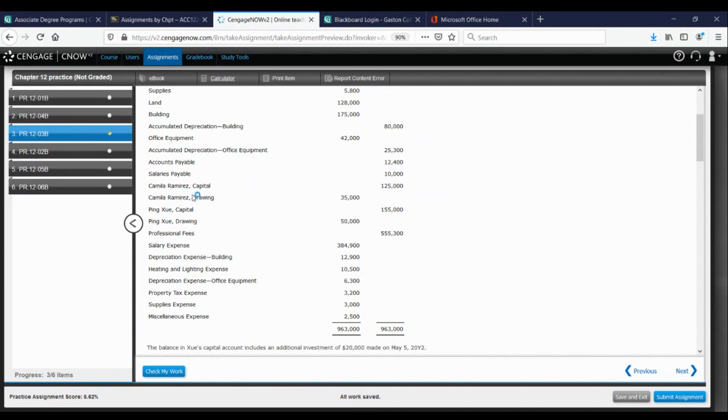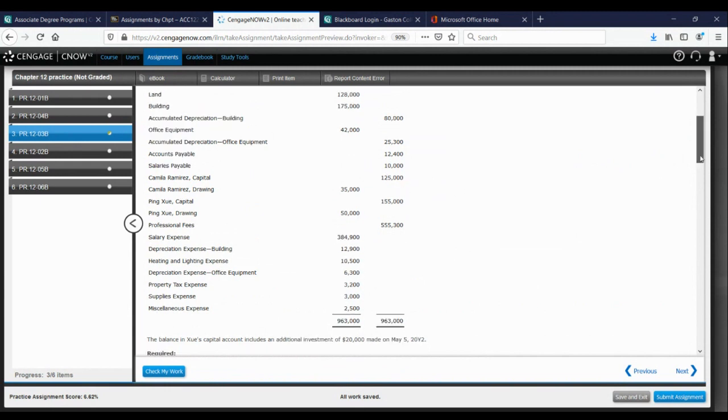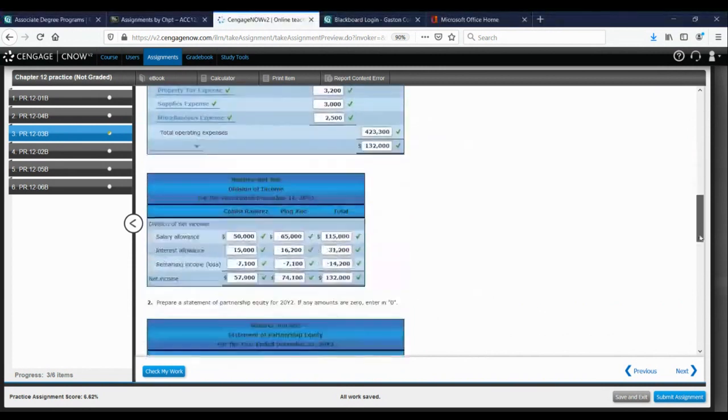We're going to look at Ramirez capital at the beginning of the year, which was 125,000. We know it was 125,000 because there was no mention of any additional investment that Ramirez gave to this problem or this company. So 125,000 is the beginning balance for Ramirez.